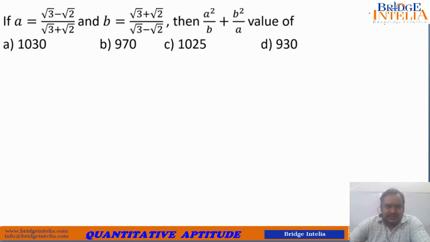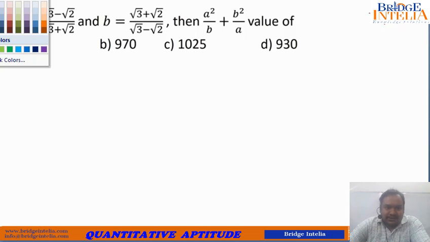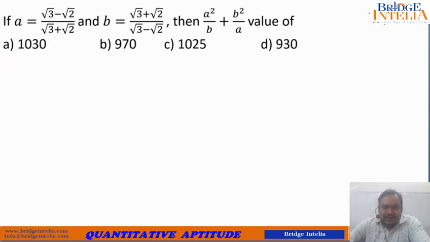So this is again a very good question. If you realize something, then things will become very easy for you. Look at the terms a and b. If you multiply a and b, the answer will be 1 because they are reciprocals of each other. So a into b is equal to 1. Now what is a plus b equal to?